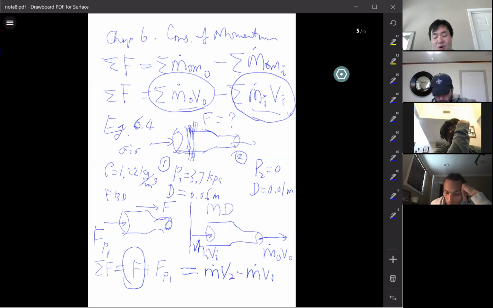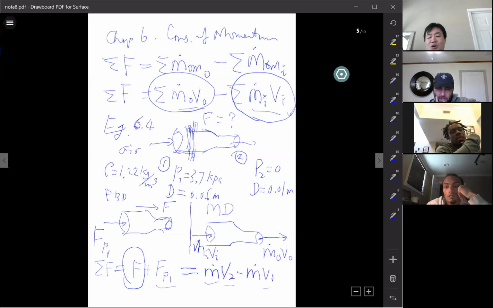So what do I need then to calculate F? Overall, the bigger picture, what do I need? I need the mass flow rate, I need the velocities, and FP1.